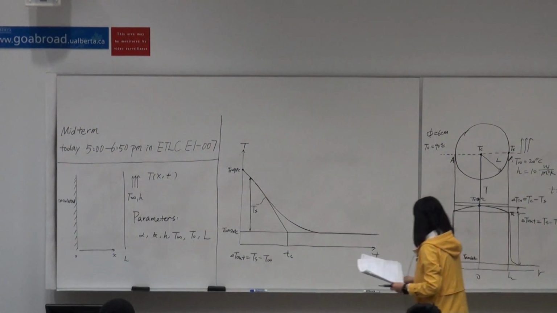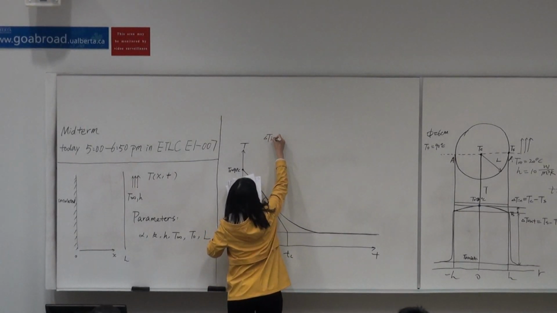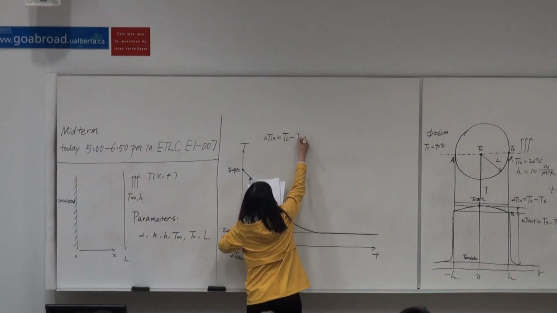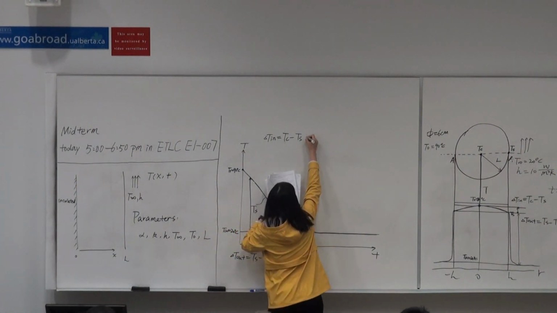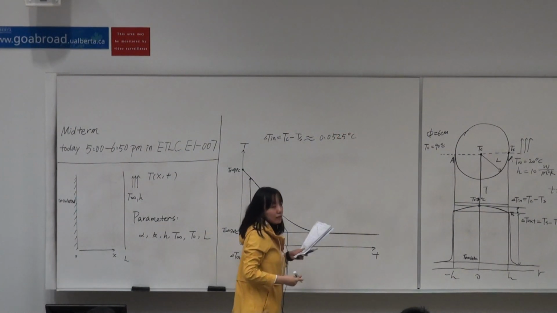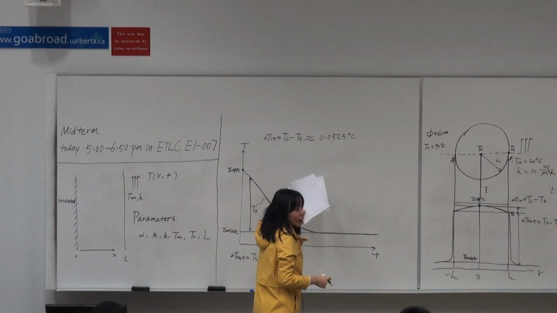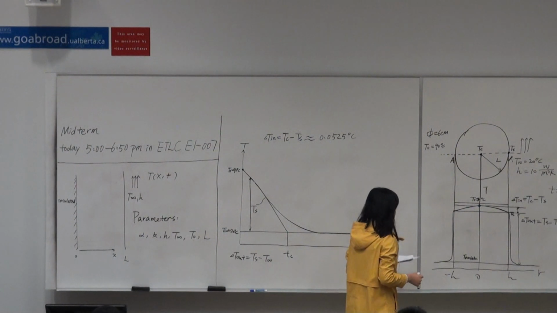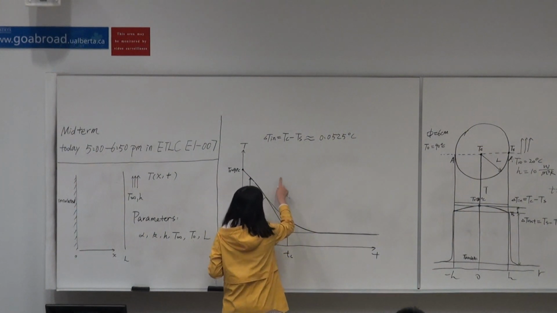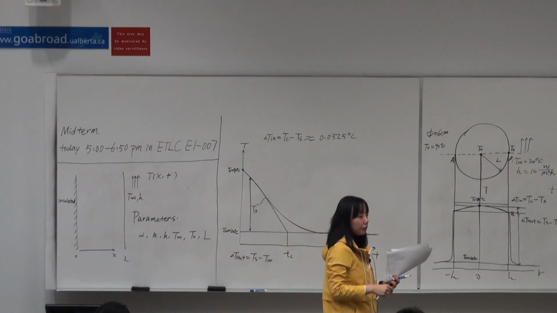For this case, we calculated last class that the inner temperature difference, given by the center temperature minus the surface temperature, is around 0.0525 degrees. That's pretty tiny, which means for a Biot number much smaller than 1, the internal temperature gradient is negligible. Based on this, how can we draw our temperature evolution for the center temperature?